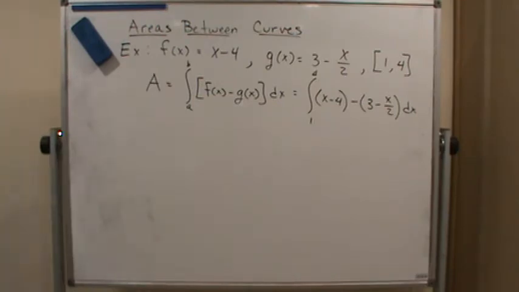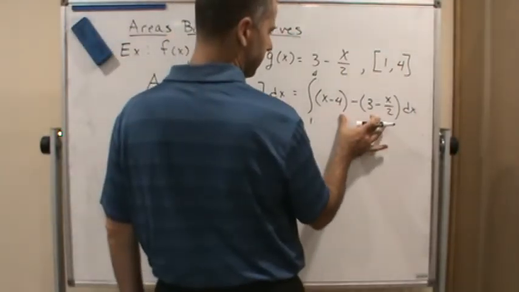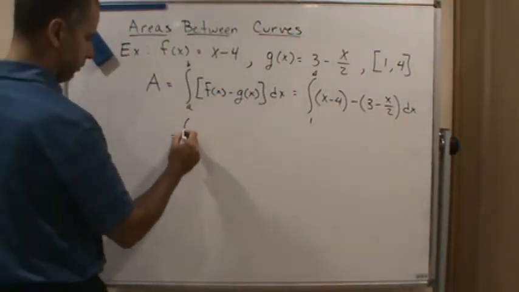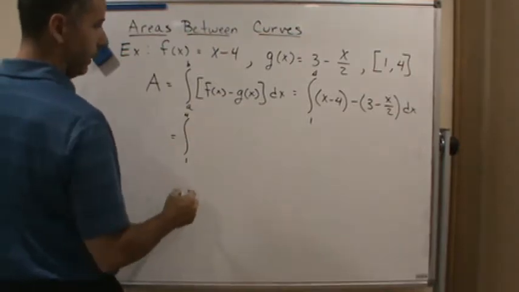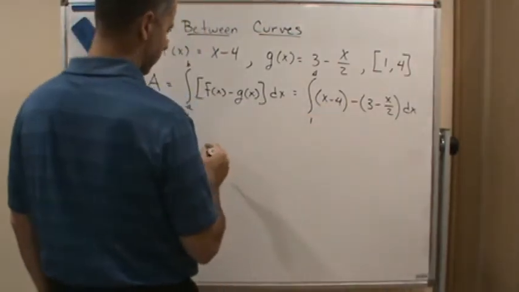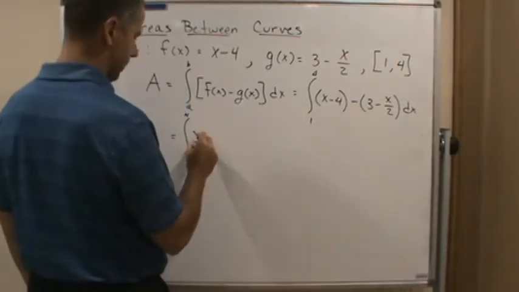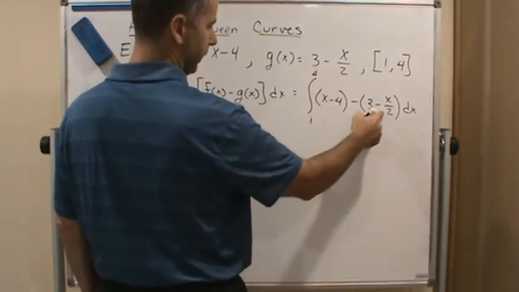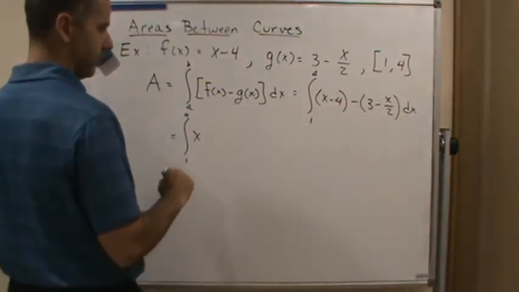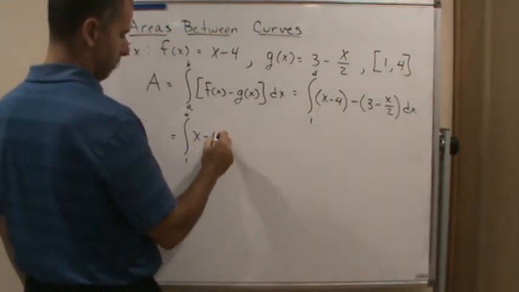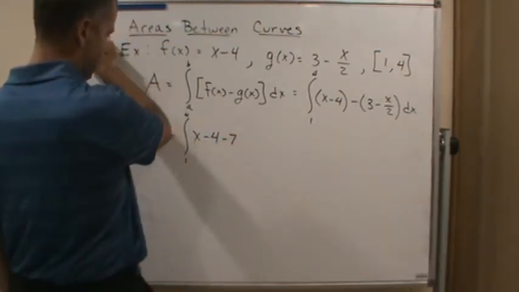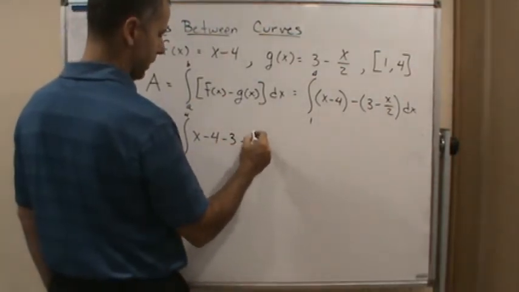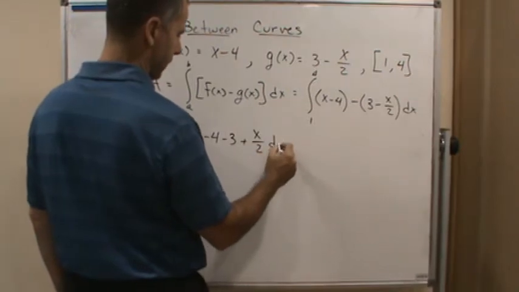Now all I'm going to do is simplify this and then integrate. So this is going to be the integral from 1 to 4. I'm going to distribute, and so this becomes x minus 4 minus 3 plus x divided by 2, so it's going to be minus 4, getting ahead of myself, minus 3 plus x over 2 dx.